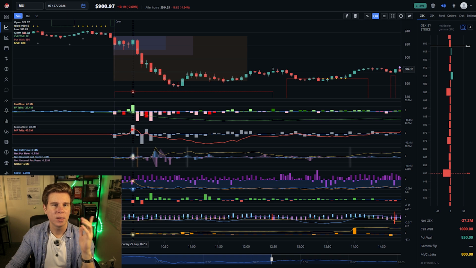And as you can see, this much Momo and this much fast flow only moved the price pretty much as much as each of these bar combinations right here. So there's a lot of effort being spent to move the price up, but price really isn't budging that much. And what happens after? Well, the path of least resistance ends up being down.